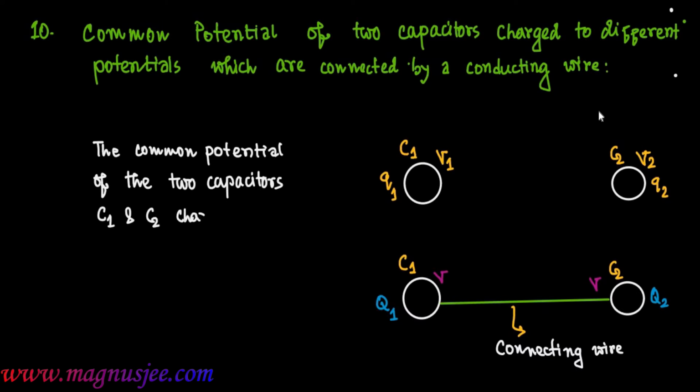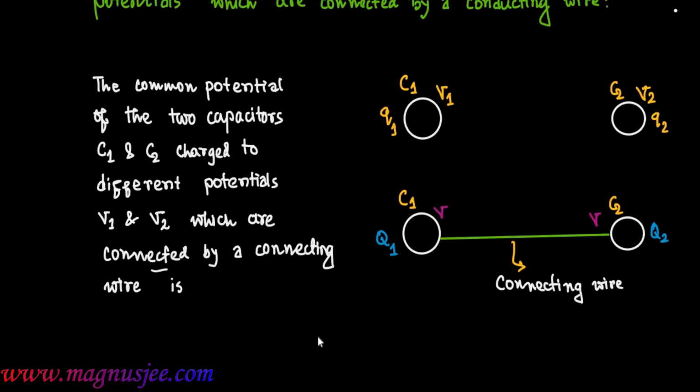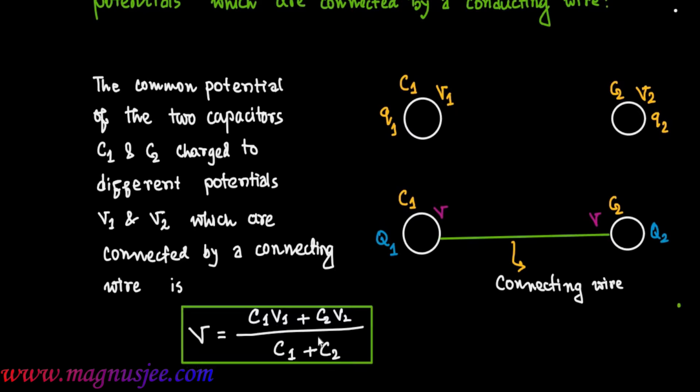C1 and C2 charged to different potentials V1 and V2, which are connected by a conducting wire, is given by V equals C1 V1 plus C2 V2 divided by C1 plus C2.